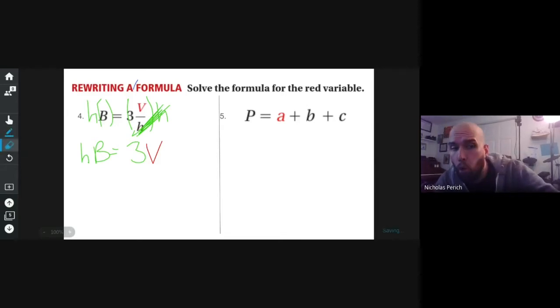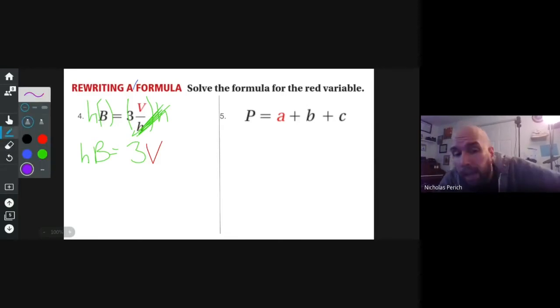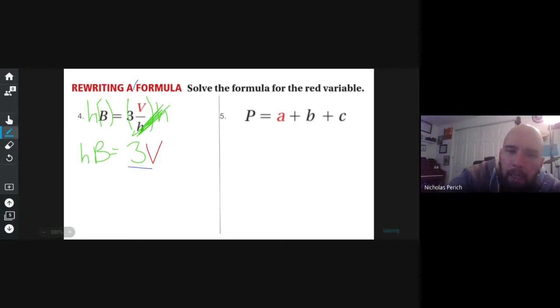Is V all by itself yet? No. What's in the way? 3. What's 3 doing to V? Multiplying. How do I get rid of something that's multiplied? Divide. So I'm going to divide both sides by 3.